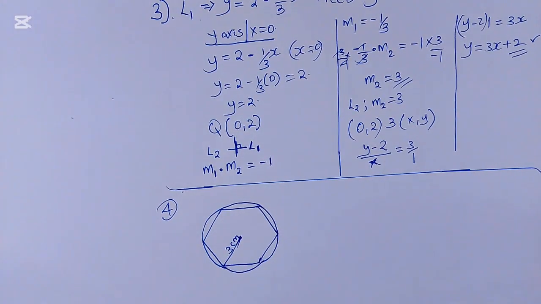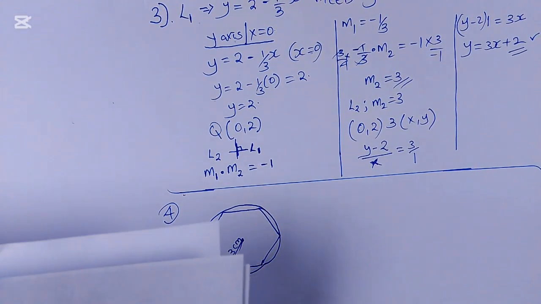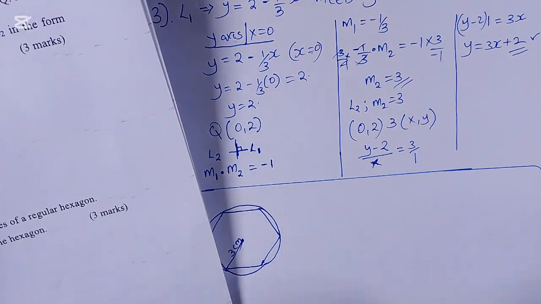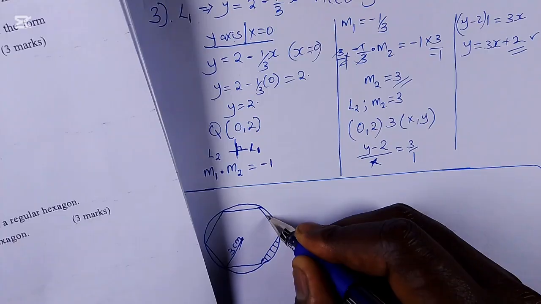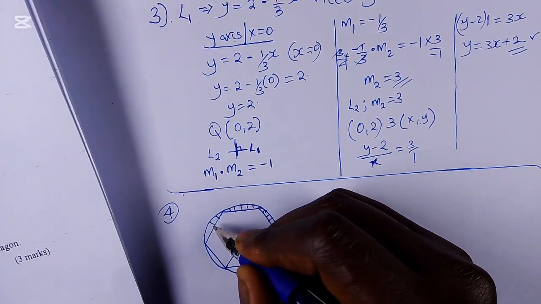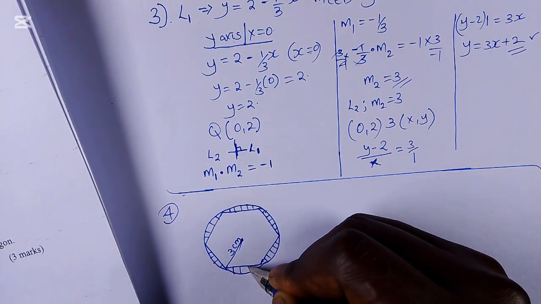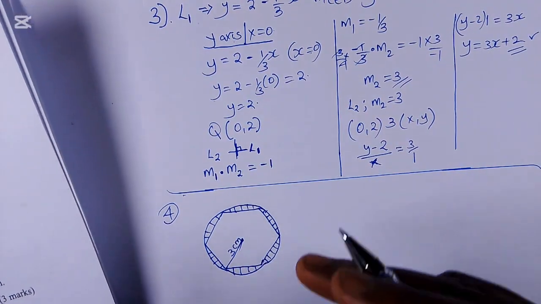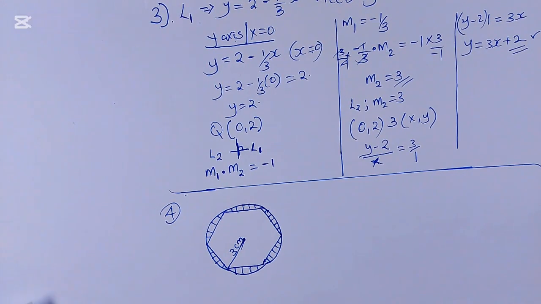We are told to determine the area of the circle that lies outside the polygon. So this is the area that lies outside the polygon. Let me shade it. In short, we are supposed to solve the area of the shaded region.